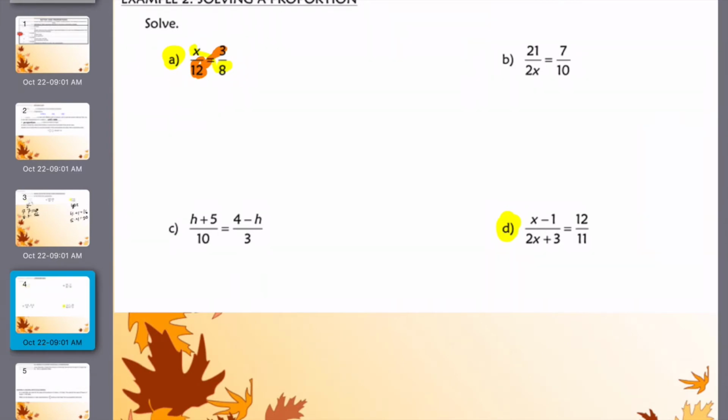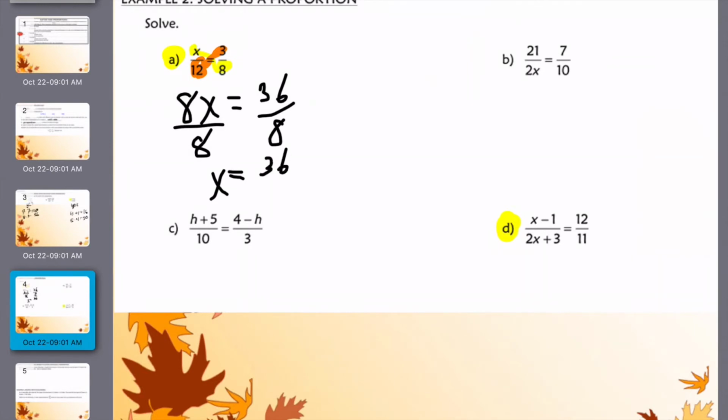So 8 times x becomes 8x. 12 times 3 becomes 36. And if I were to divide by 8 on both sides, I would end up with the fraction 36/8, but that could be simplified to be 9/2.